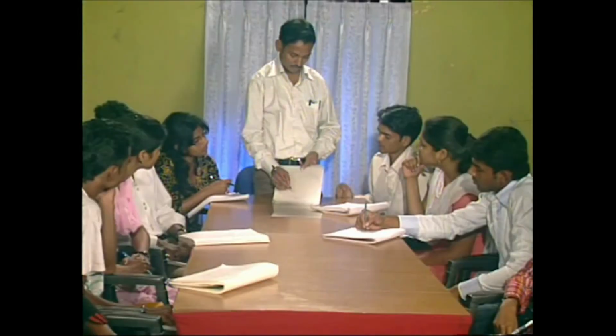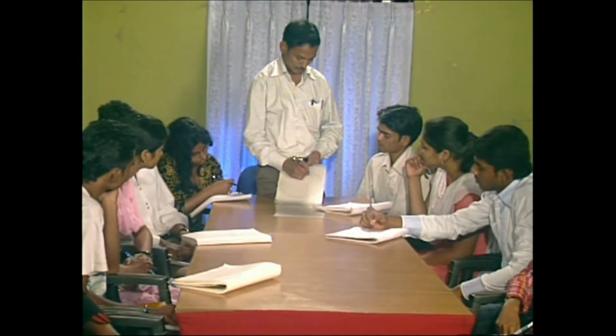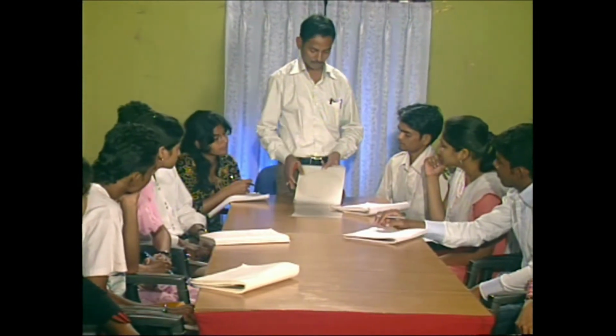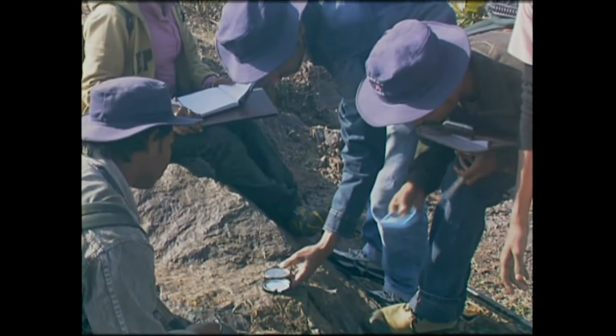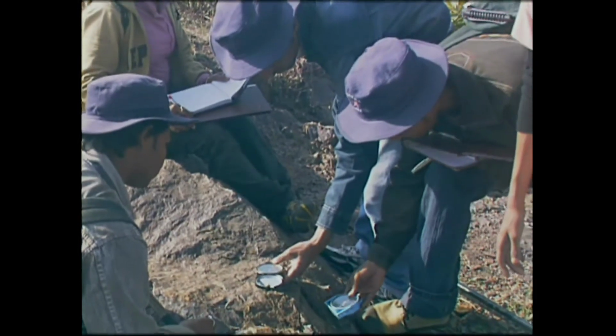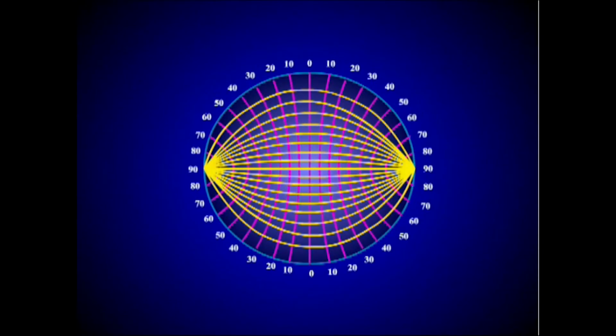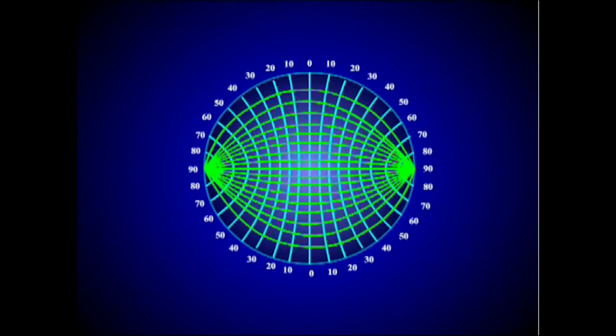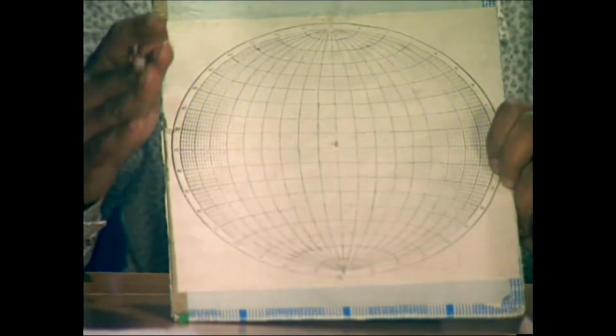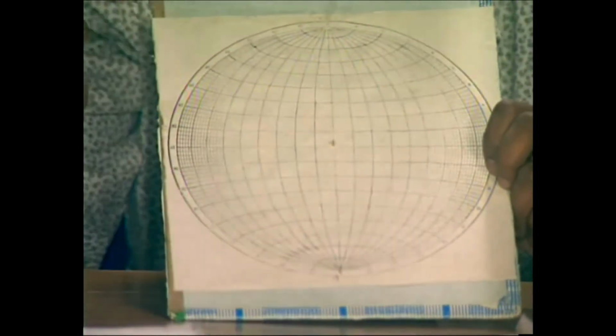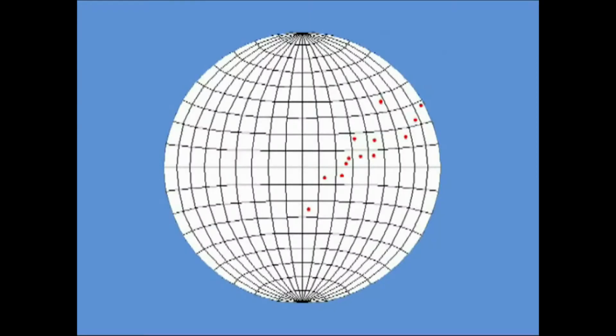Though at the beginning it may appear a bit abstract to understand the principles of stereographic projection, students of structural geology will find that the treatment of a large number of data measured in the field is very convenient if the data are plotted on a stereographic grid, also known as a stereographic net or a Wulff net, which can be easily carried into the field in a backpack. In the next few subtopics, we shall be discussing how planes and lines are plotted on a stereographic projection.